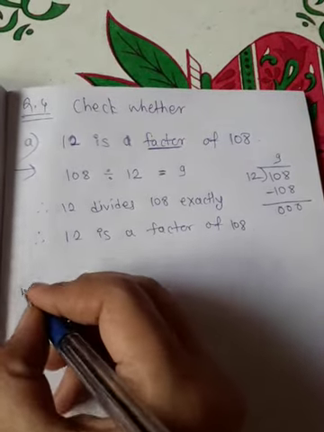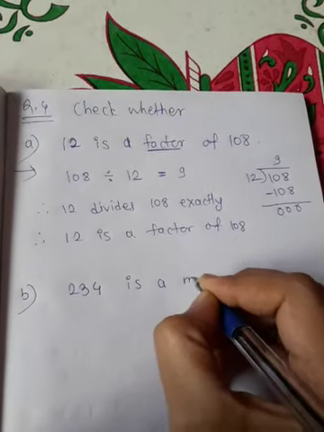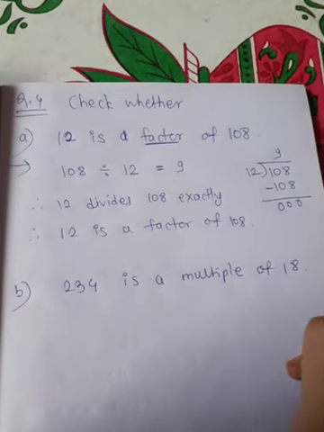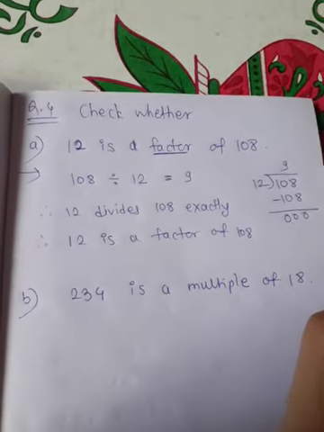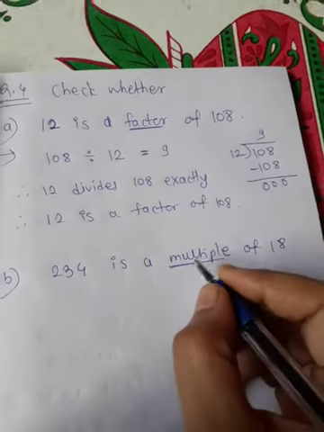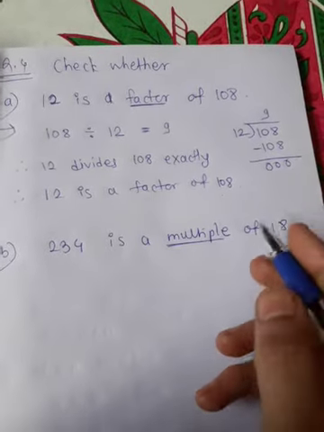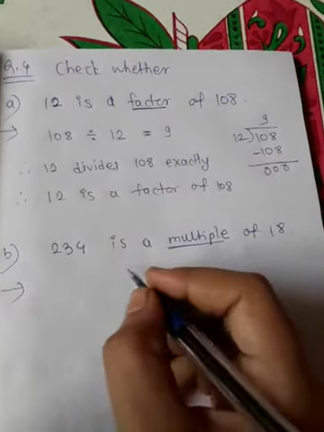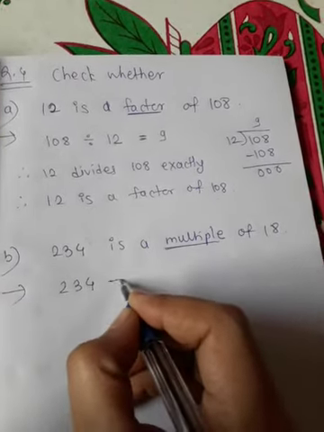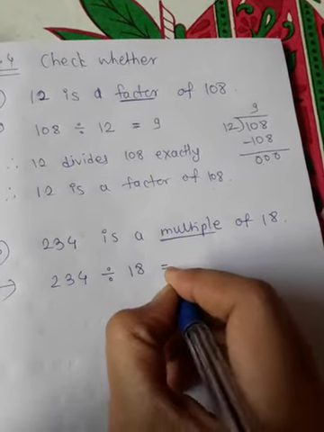Now there is sub question B: check whether 234 is a multiple of 18. Whenever there is a question to check whether a number is a multiple of another number or not, here also just check whether this multiple, that is 234, is divisible by the other number or not.